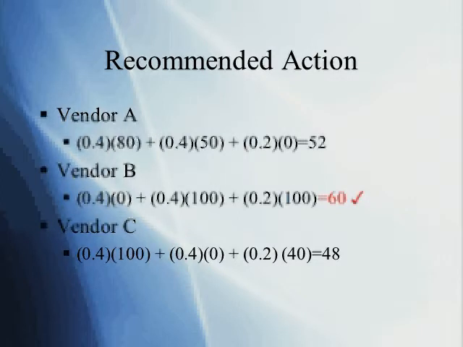This is done for the remaining attributes of cost and compatibility and added together to get a final value of 52. The same calculation is done for vendors B and C as well. After comparing the vendors' weighted scores, vendor B had the highest value with a number of 60 and is therefore recommended for selection.